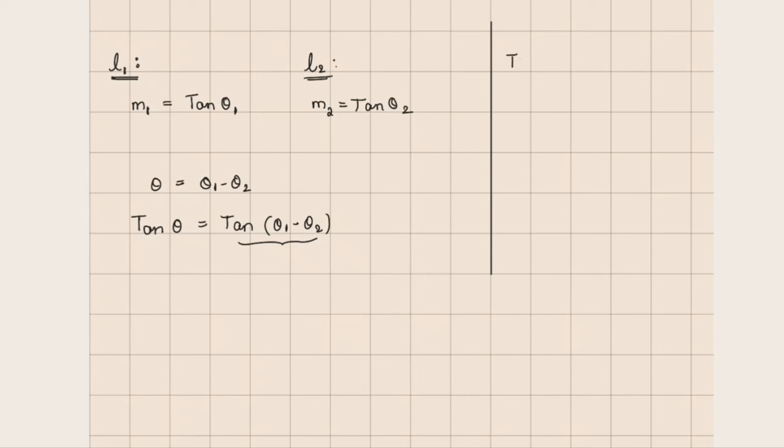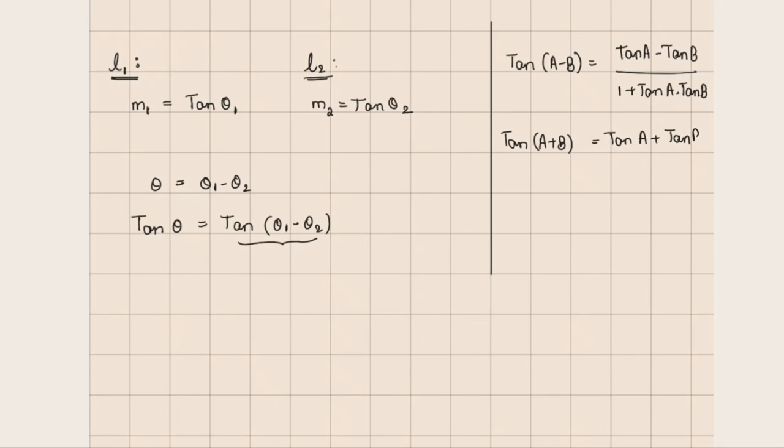From trigonometry, we know that tan(A minus B) equals tan A minus tan B by 1 plus tan A into tan B. Similarly, tan(A plus B) equals tan A plus tan B by 1 minus tan A into tan B. So tan theta equals tan of theta 1 minus theta 2.